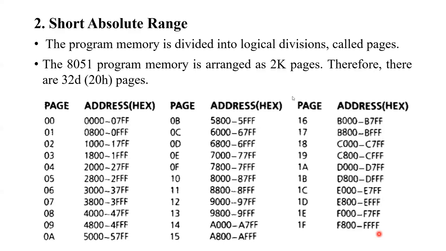As I said, the program memory is divided into a number of pages, and the size of each page in 8051 is 2 kilobytes. So how many pages are required to address 64 kilobytes of program memory? 32 pages are required.